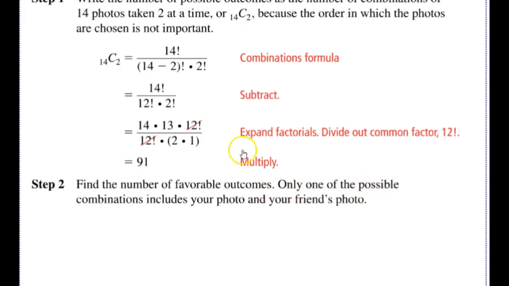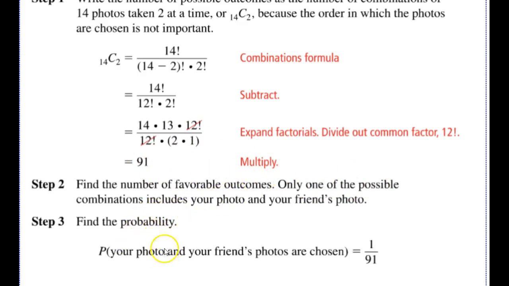Only one of these possible combinations includes my photo and my friend's photo. So the probability that both of our photos are chosen is going to be 1 divided by 91. First I find how many total possibilities there are, and I know there's only one where both of our pictures are at the top, so then I can find the probability from there.